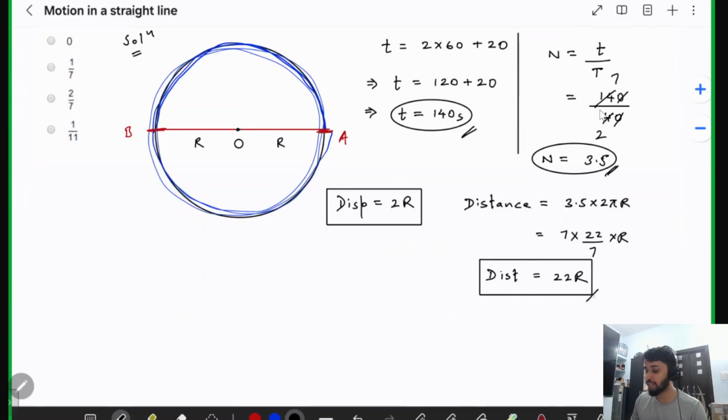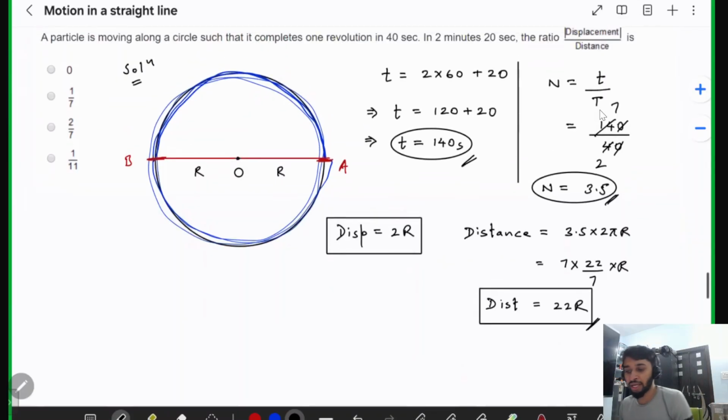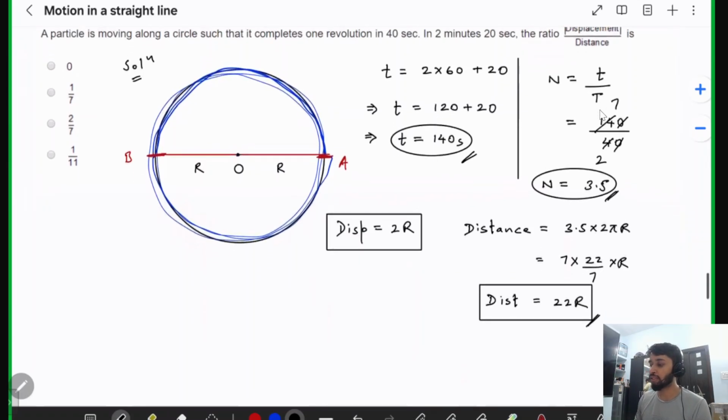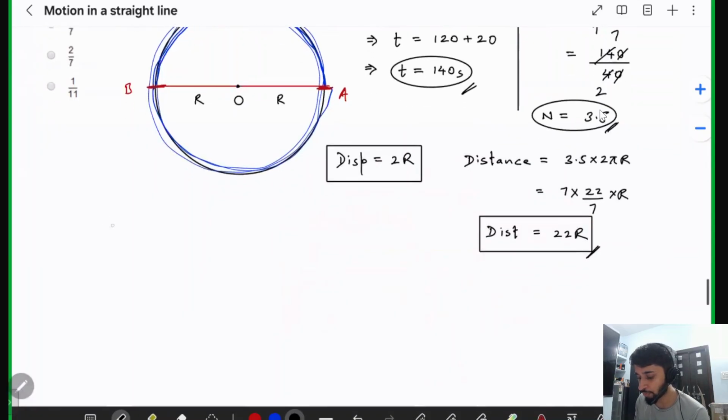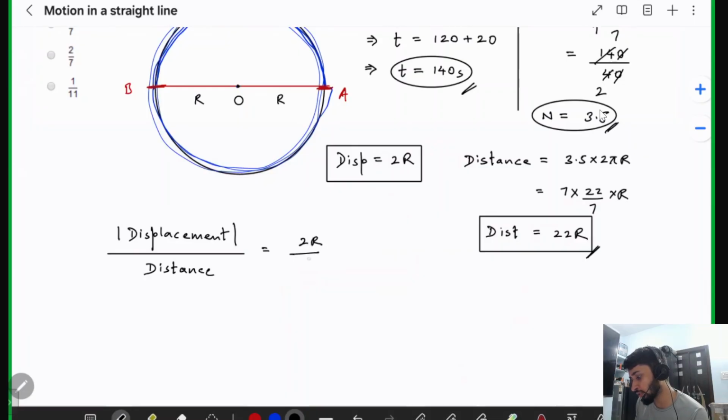Now what do I need in this question? We need to find the ratio of the magnitude of displacement and distance. So the ratio of the magnitude of displacement and distance will be equal to, so the magnitude of displacement is 2r and the distance is 22r.